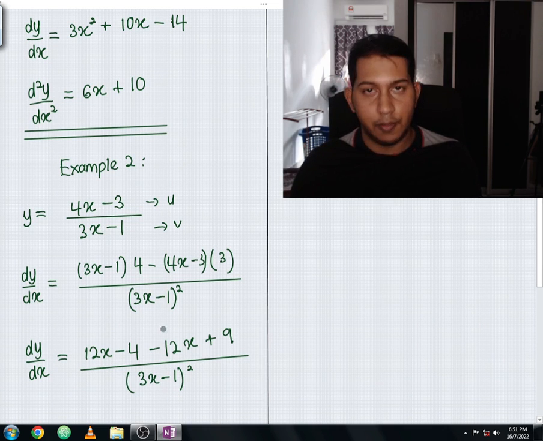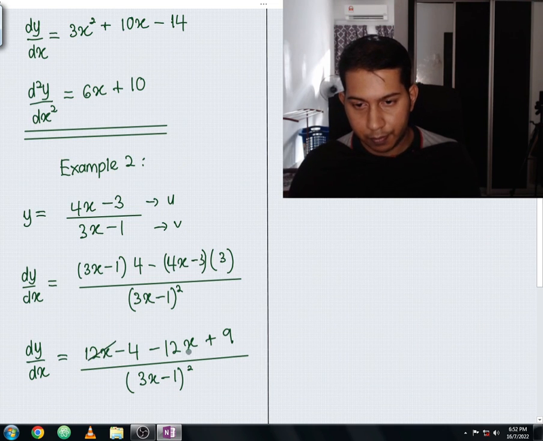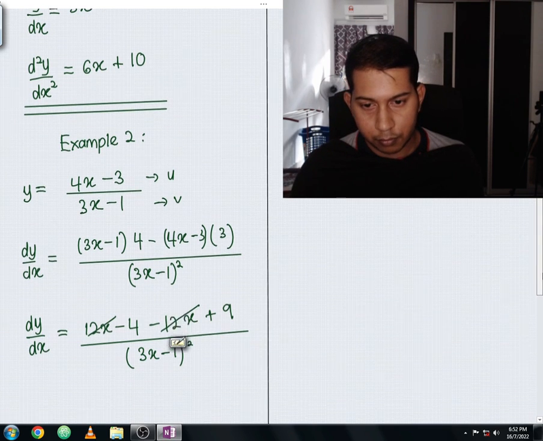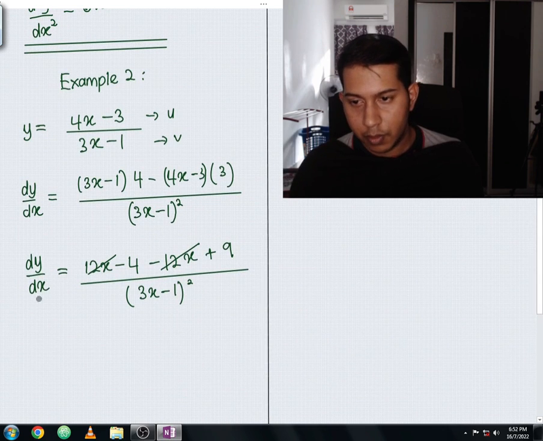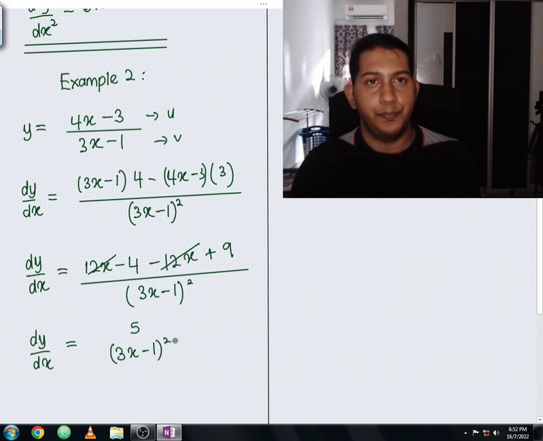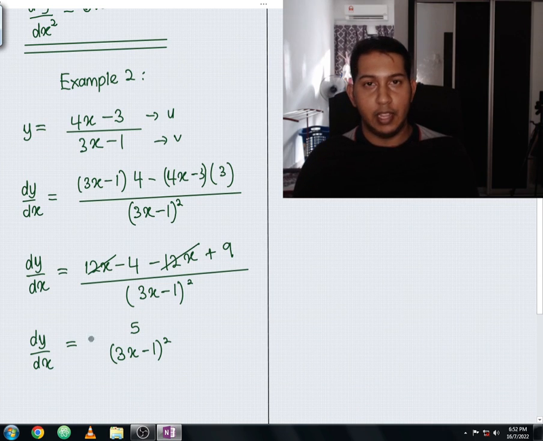The 12x and 12x, you can cancel them out. So now you're left with dy/dx equals 5 over (3x - 1) squared. Negative 4 plus 9, you should get 5. And then you divide with (3x - 1) squared.